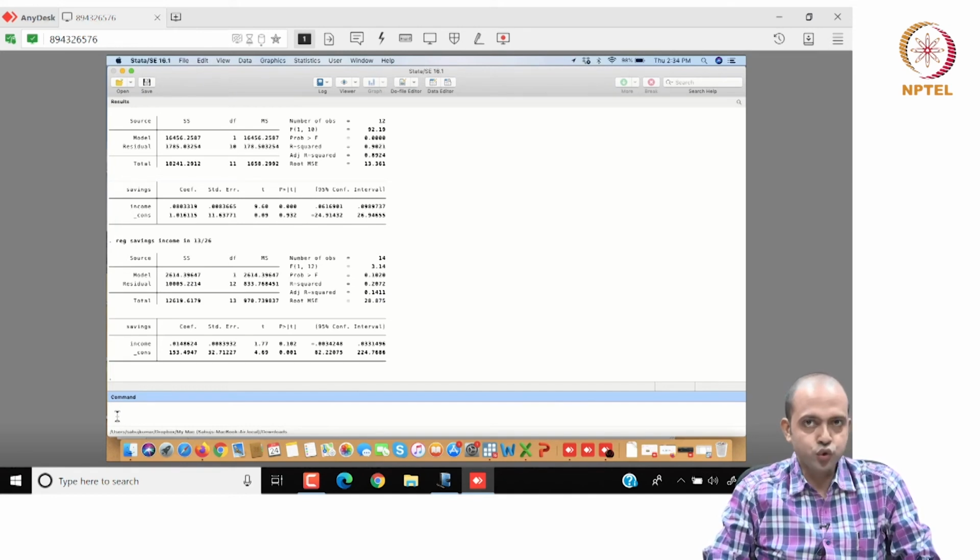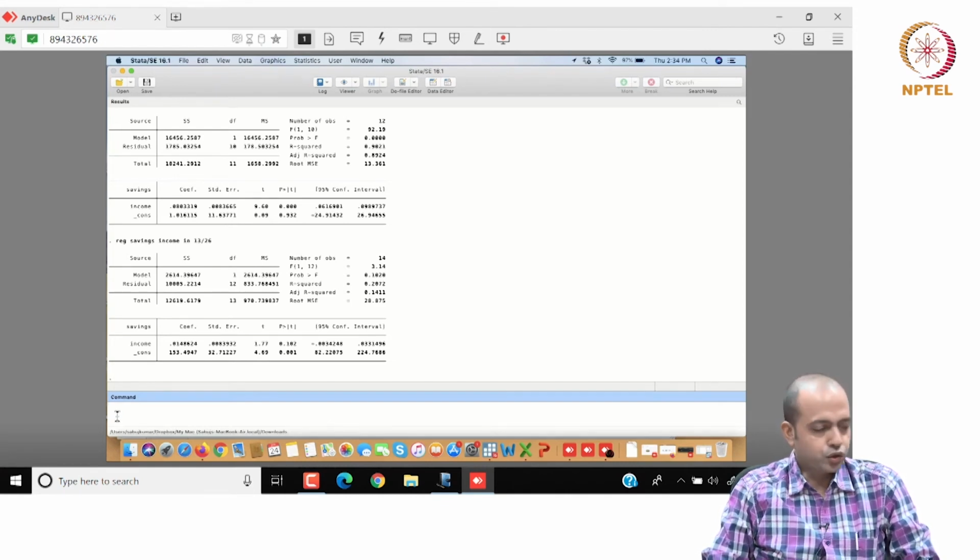Now, what we have to do is conduct the F test or Chow test. It is called the Chow test because it was first introduced by the famous econometrician Chow. We have to conduct the test to verify whether the numerical difference between 0.08 and 0.01 is statistically significant or not.